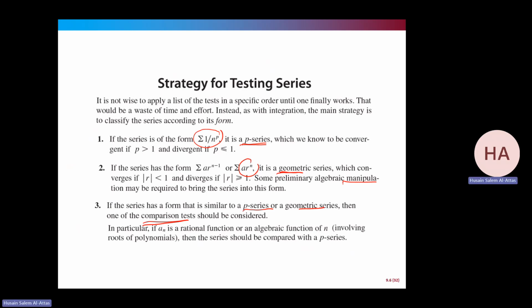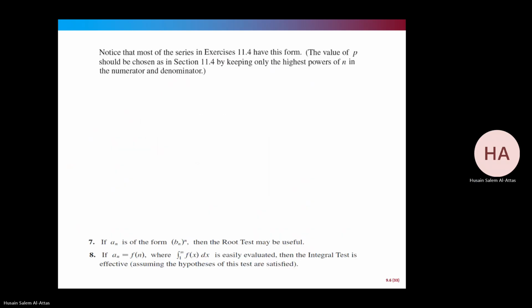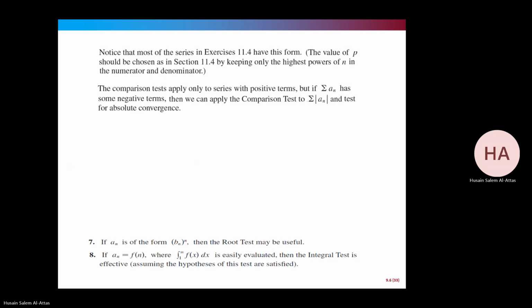If you have a rational function or algebraic function of n involving roots of a polynomial, then the series should be compared with a p-series. If you have a rational function, polynomial over polynomial, yeah. The comparison test applies only to series with positive terms.